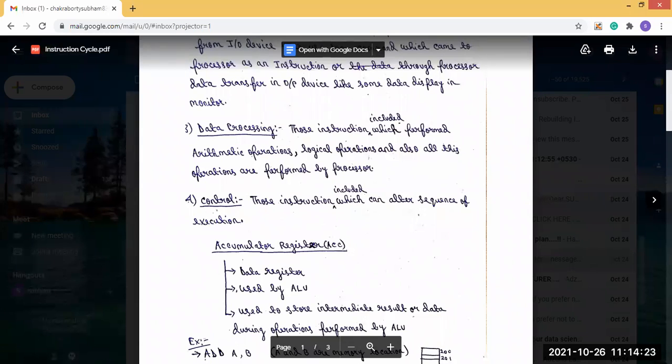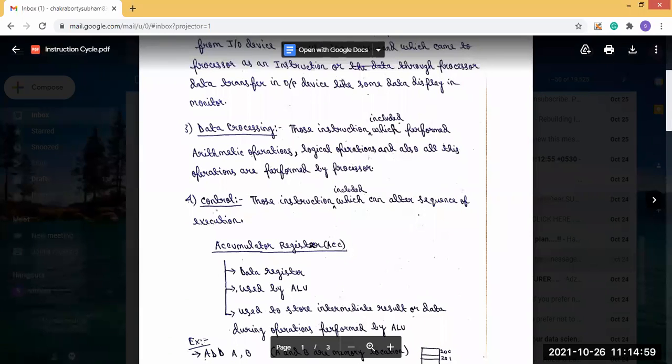And this accumulator register is used by the ALU, that means the arithmetic logic unit of the CPU. This type of register is used to store the immediate result or the temporary data. In a program, we always use the temporary variable concept, temporarily storing the data or the intermediate result.